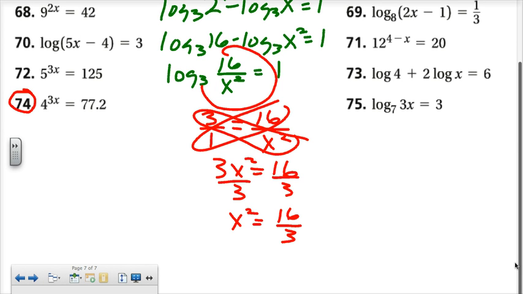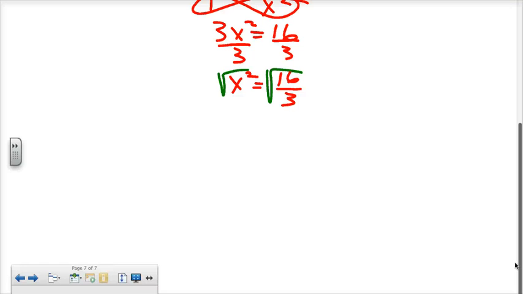Now we need to take the square root of both sides, and again, normally we would say, hey, let's do both the plus and the minus here, but we need to think back here for number 66 at the original problem and think, would it be okay for us to put that back in there? Well, we'd be taking the logarithm base 3 of a negative number if we do that, and that isn't going to happen. So we ignore the fact that there's a negative here and just keep going after our positive answer.